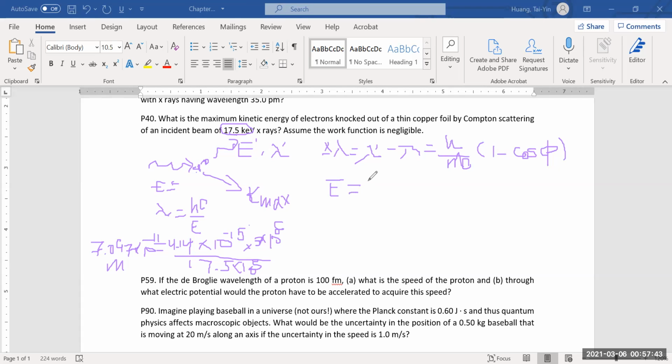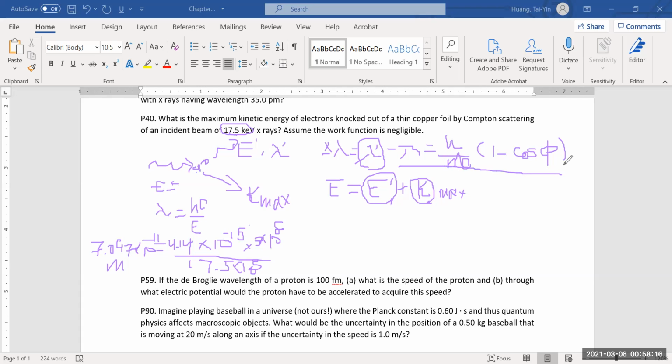The incoming energy is equal to the outgoing energy of the photon plus the kinetic energy. In order for the kinetic energy to be the max, the photon energy has to be as small as possible. For this to be the smallest, the wavelength has to be the longest, because wavelength and energy are inversely proportional. So lambda prime has to be largest.